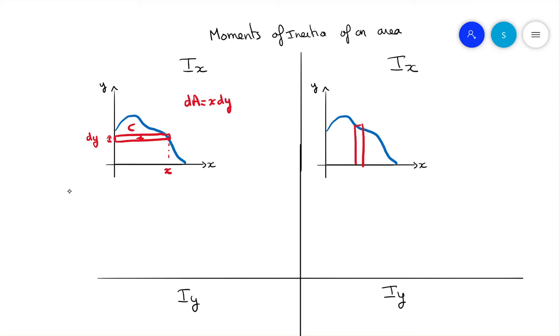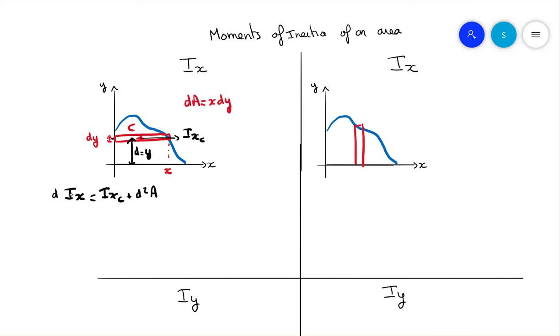So we are looking to find Ix. So your Ix will be equal to the Ix at C of the little element dA plus d squared, where this distance d is equal to y, times the little element dA.